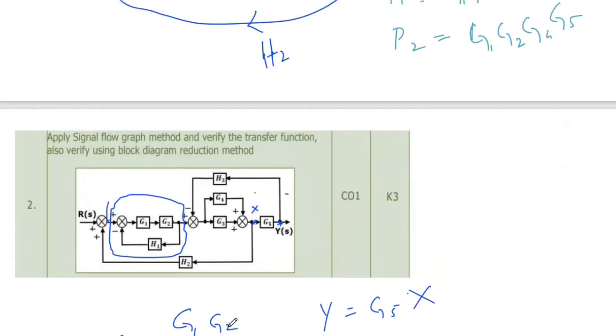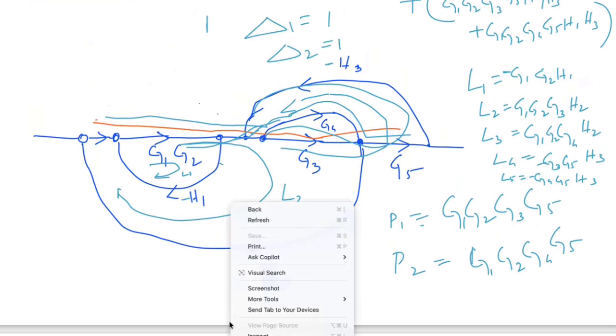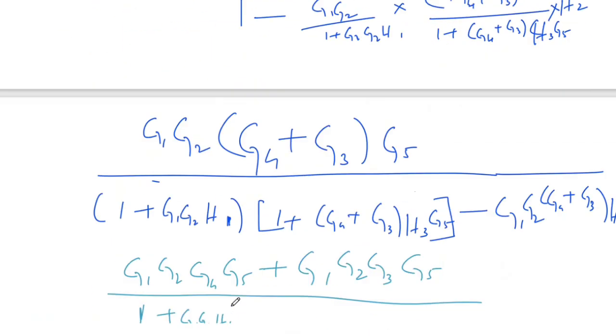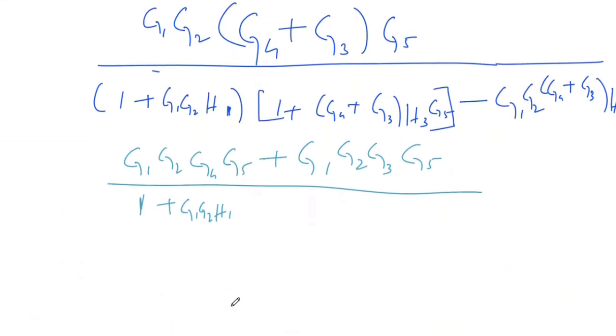It is L1 minus L1. Then you multiply 1 with this.